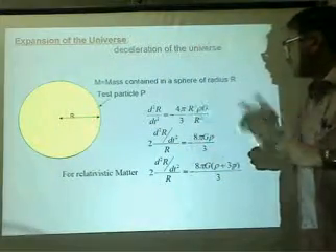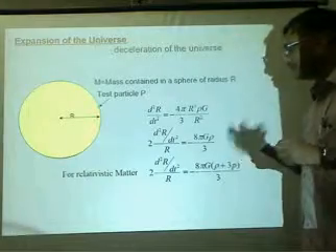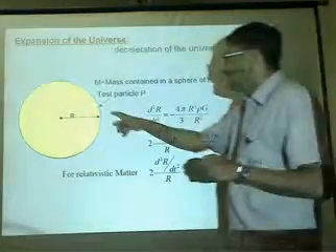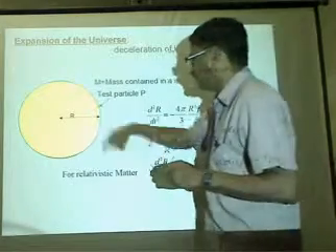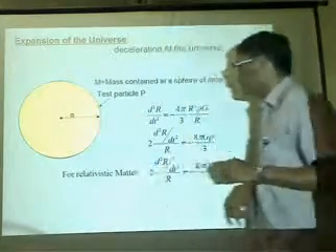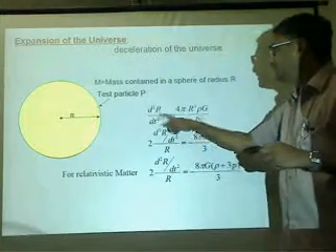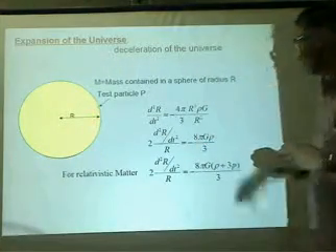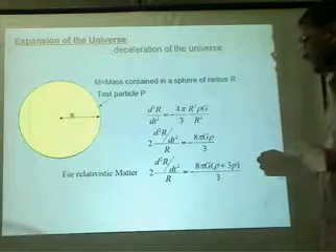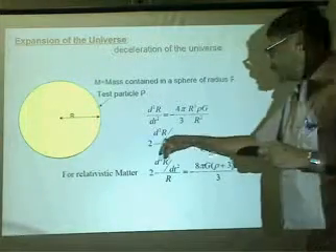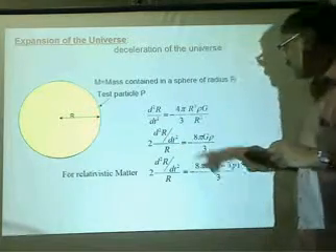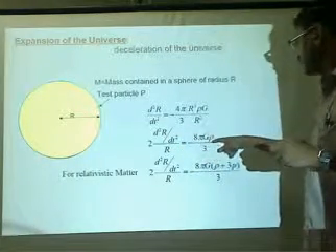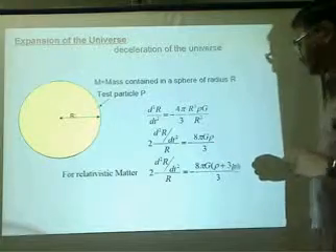This is the acceleration faced by this particle with respect to this center. And so I equate it to d2r/dt squared, and I simplify this and I can get twice d2r/dt squared by r as minus 8 pi G by 3.